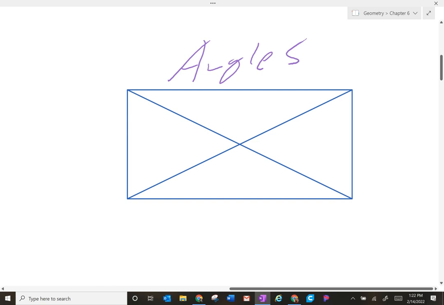All right. Hopefully you guys all remember, every single corner is going to be a 90-degree angle. No matter what, they're 90s. But besides that, I'm going to get into a couple more details of the angles.